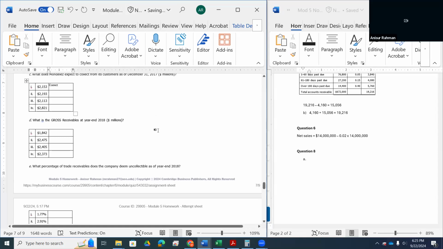What is the gross receivables at year-end 2018? So gross receivables.